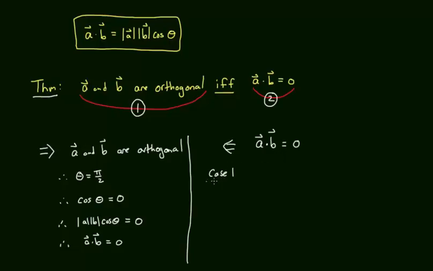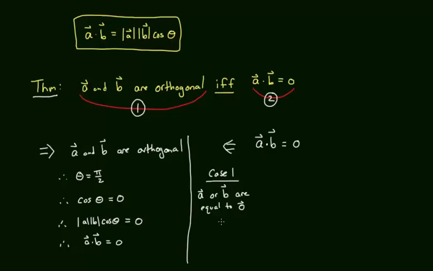Case number 1. Vector A or vector B, or both, are equal to the 0 vector.